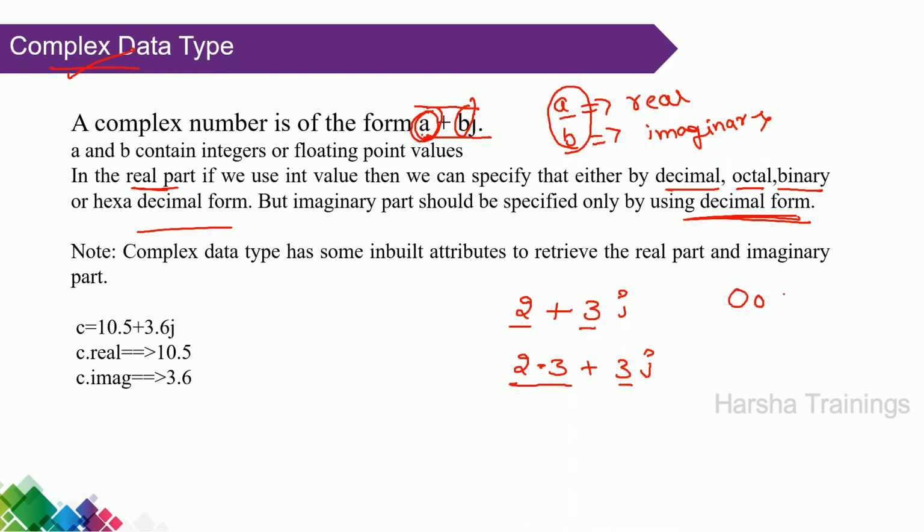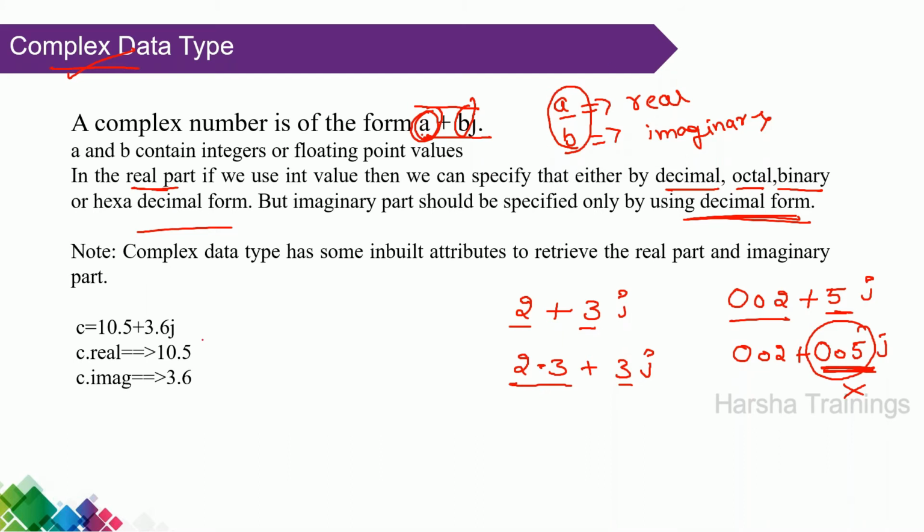Suppose 0o2 plus 5j: this 2 is an octal number and 5 is a decimal number. But 002 plus 005j is not allowed. In the imaginary part, only decimal numbers are allowed. No other type is allowed.